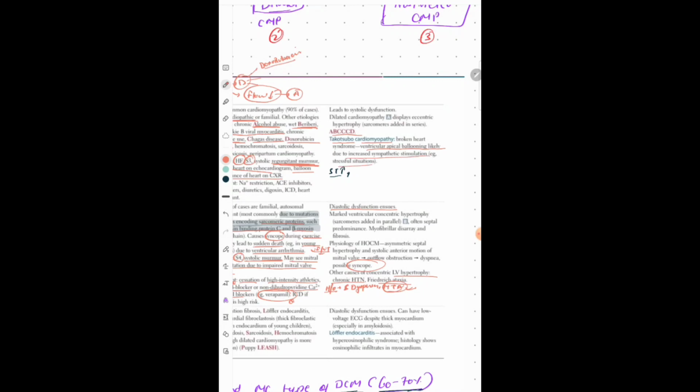If a question says emotional stress cardiomyopathy, then Takotsubo. If a question asks which cardiomyopathy mimics MI, the answer is Takotsubo. ST elevation is seen. The four points: ventricular apical ballooning, emotional stress, mimics MI, and ST elevation.